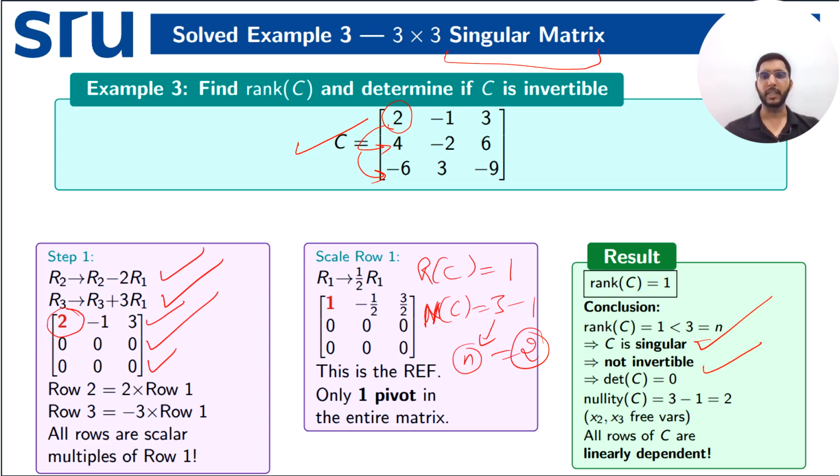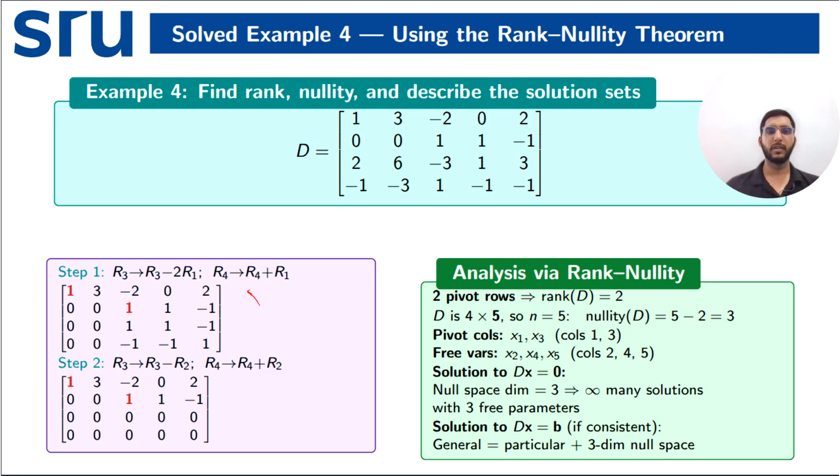The determinant will be 0, the nullity is 2, and two rows are linearly dependent. In particular, if you see all rows, all will be dependent only. Now let us see one more example which we will solve using the rank nullity theorem.